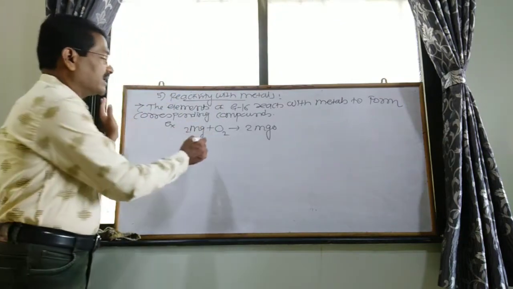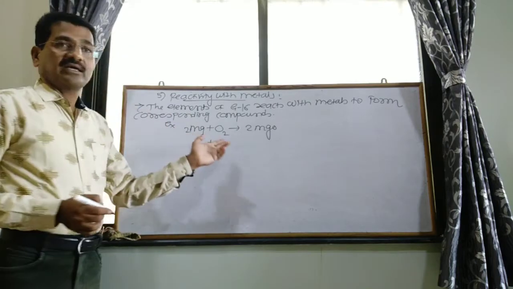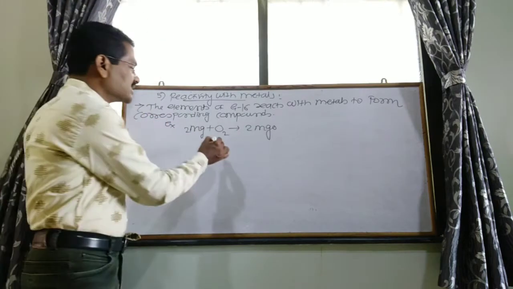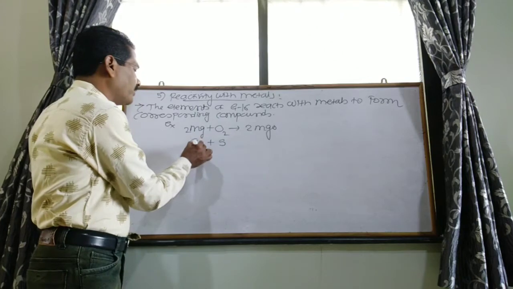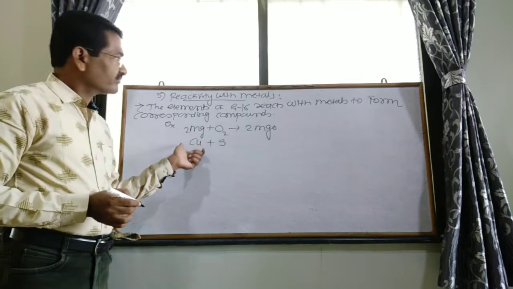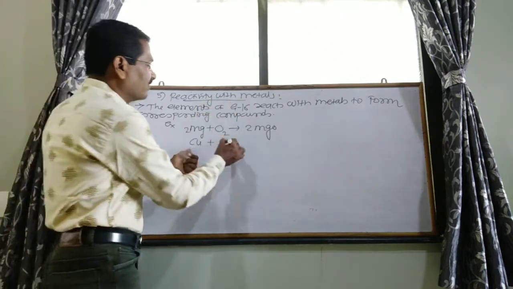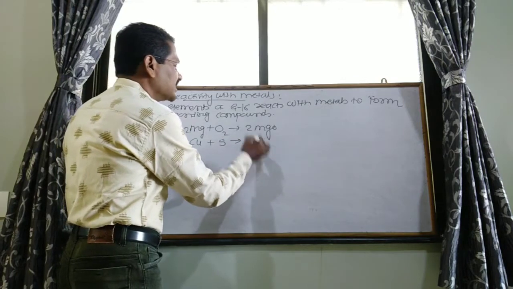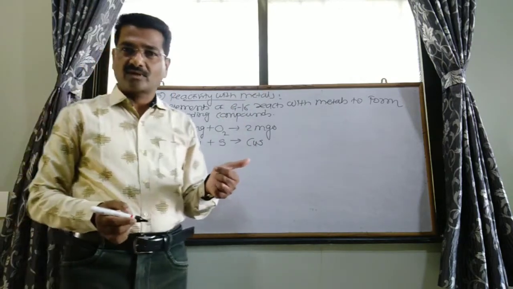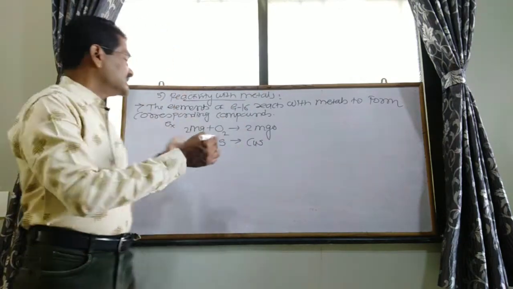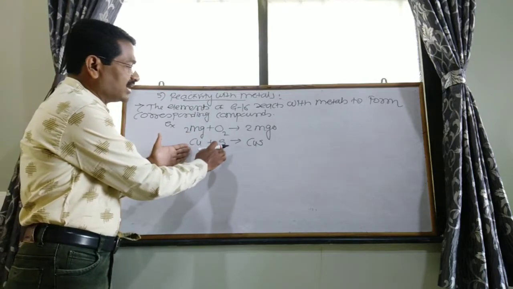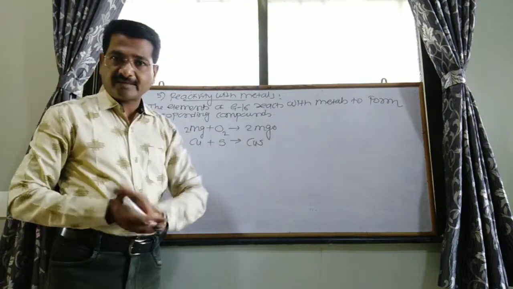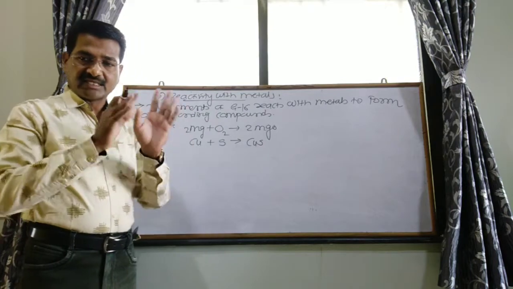Then the second element of group 16, that is sulfur, can react with copper. Copper is a metal. Copper reacts with sulfur to form copper sulfide. Zinc reacts with sulfur to form zinc sulfide.